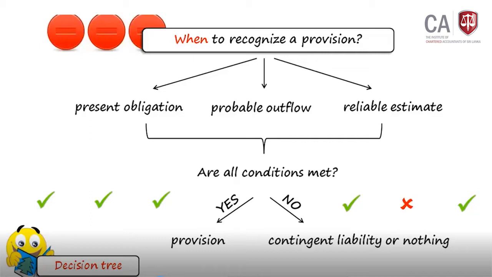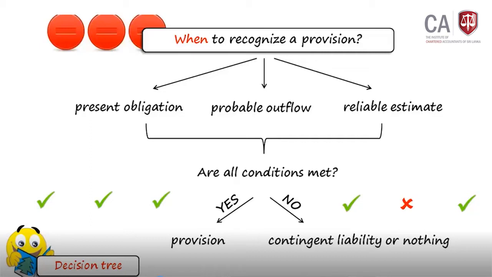However, if one out of these three conditions is not satisfied, that's not a provision. Let's say you have a present obligation, but the outflow of economic benefit is not probable. Sometimes the amount cannot be measured in a reliable way. If so, it is not a provision.